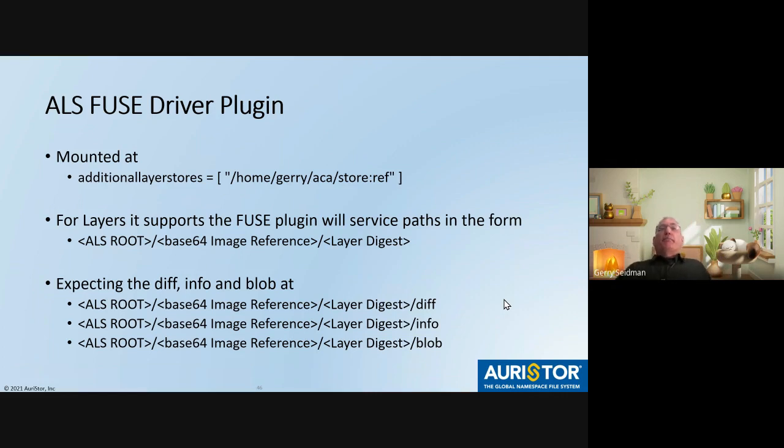So in this example, I have my ORAS store, my alternate layer storage root, at /home/ACA/store. By putting that in your config file, it's telling the container runtime where to look when it wants to query you. It uses FUSE as a query language. It's kind of an RPC. Your FUSE root / your ALS root / the base64 encoding of the image reference / layer digest.